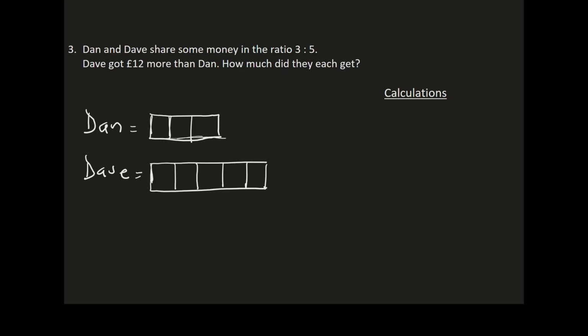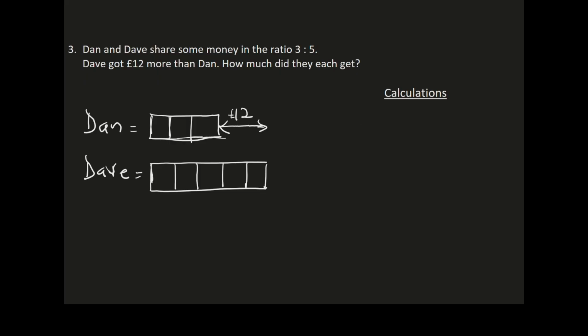So we are being told in the question that Dave got £12 more than Dan. Looking at Dave's bar model, we can see that we have 2 squares more, and we are being told that this is equivalent to £12.